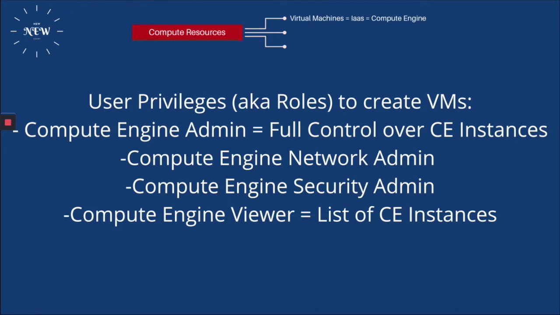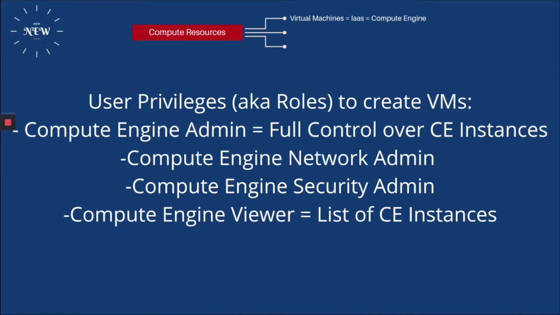We have Compute Engine Admin, who has full control over the compute resources, and this person can create, delete, and change instances. Then we have Compute Engine Network Admin and Compute Engine Security Admin, which are exactly as they sound. One is in charge of the networking resources on GCP, and the other of the security resources on GCP.